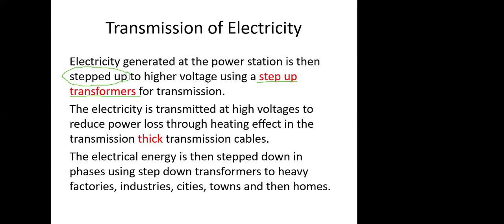So the step-up transformer transforms a small voltage to a high voltage so that it can be transmitted. That is what we should note first.